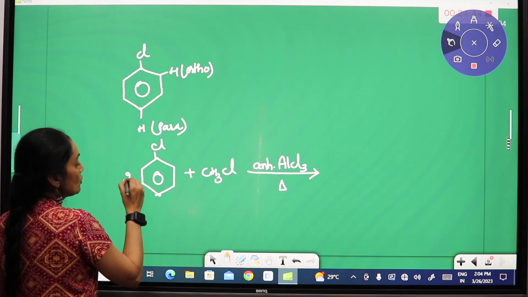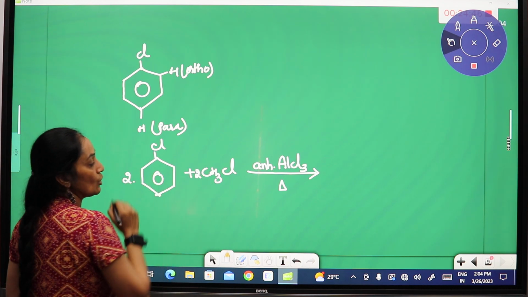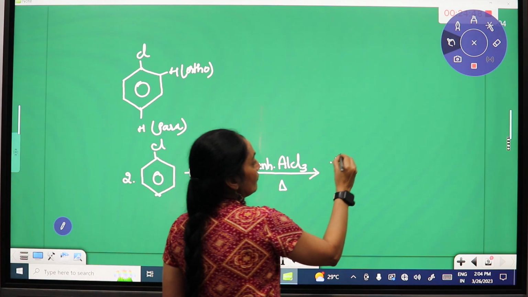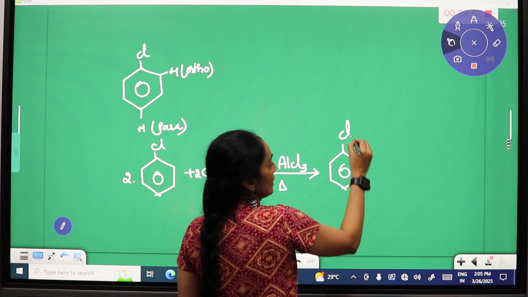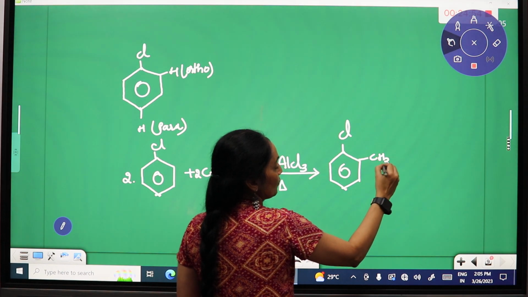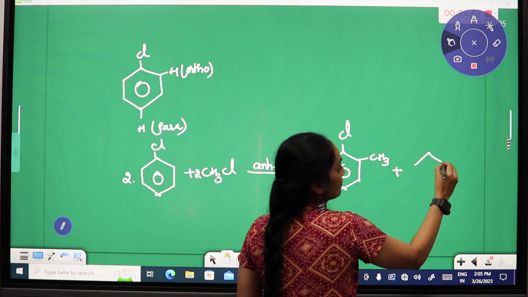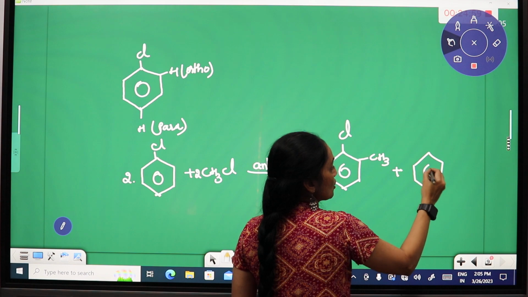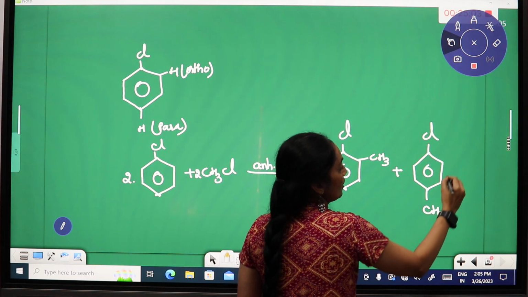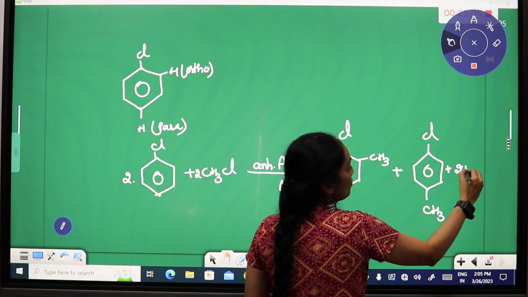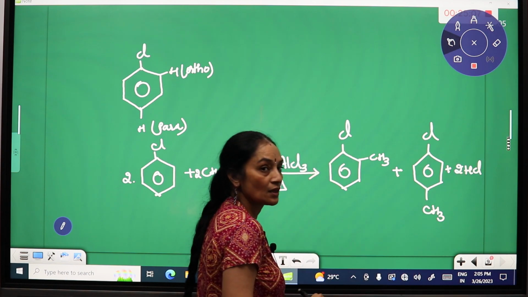Use 2 molecules here. We get here Cl and here CH3, and one more product in the para position, here Cl and here CH3, with elimination of 2 molecules of HCl.